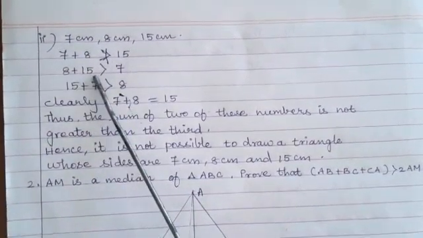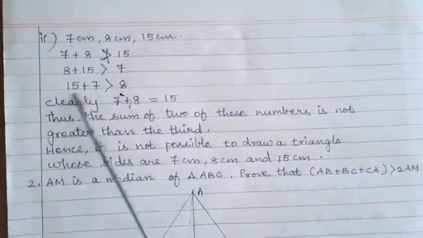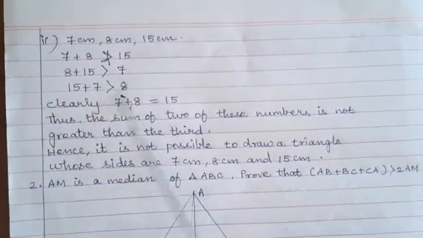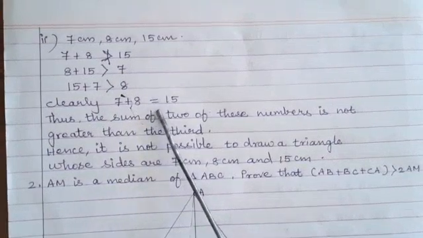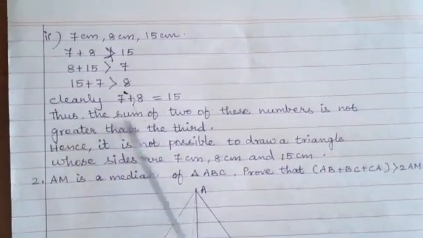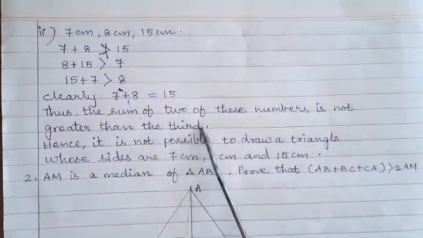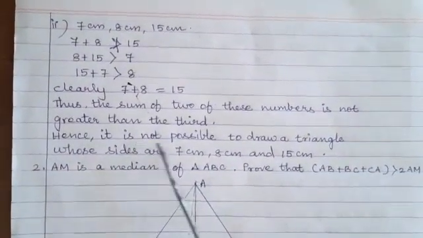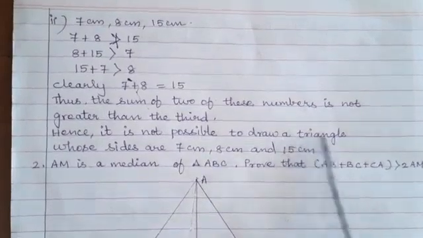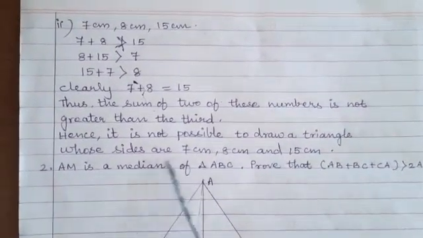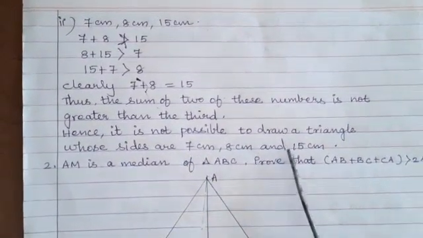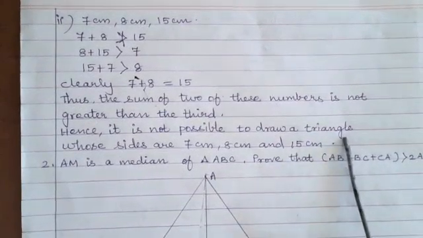Then 8 plus 15 is greater than 7, and 15 plus 7 is greater than 8. Clearly 7 plus 8 is equal to 15. So the sum of two of these numbers is not greater than the third. Hence it is not possible to draw a triangle whose sides are 7 centimeter, 8 centimeter, and 15 centimeter.